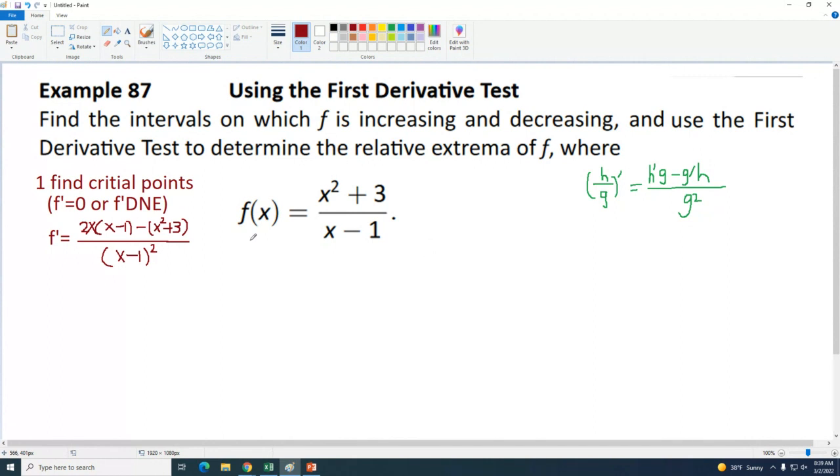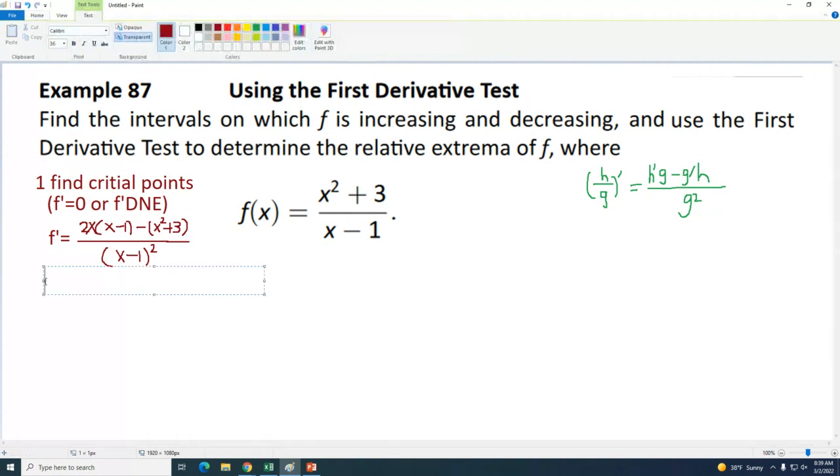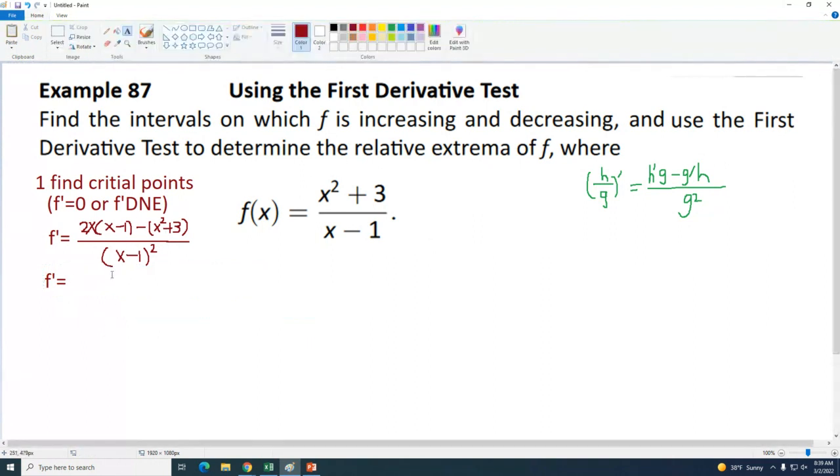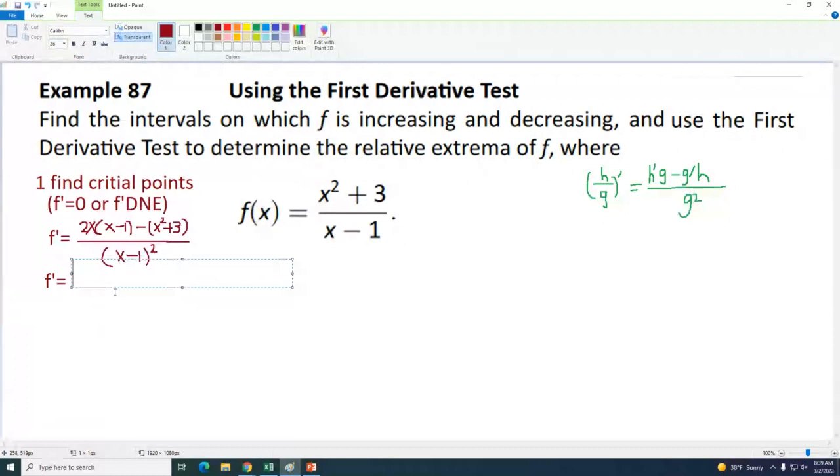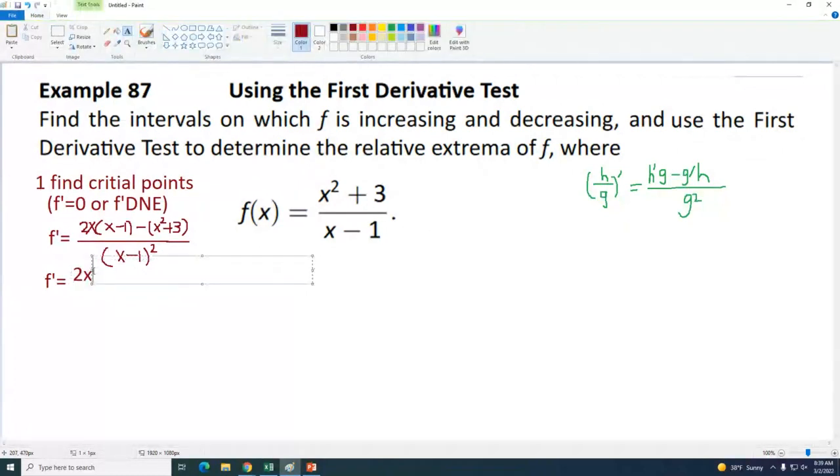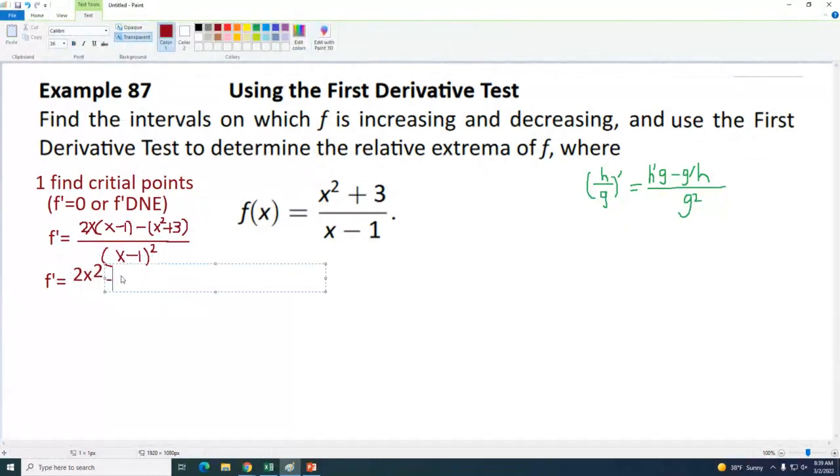We need to calculate things in this case, so we cannot leave it like this. We have to simplify it so it's easier to solve for the critical points. So now our derivative looks like this. The numerator is going to be 2x squared minus 2x, distributing the 2x, minus x squared minus 3, and this is all over x minus 1 squared.